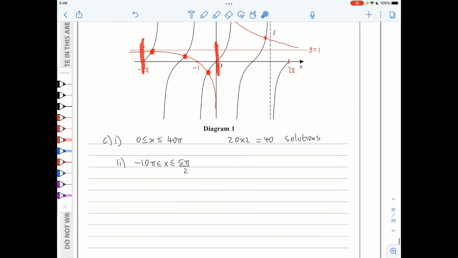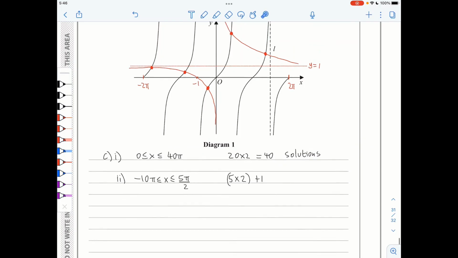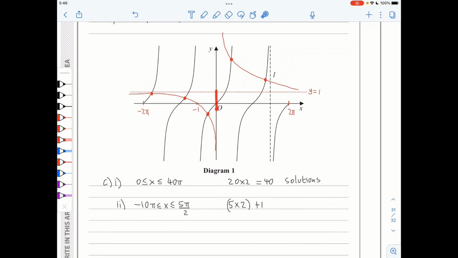So from negative 10 pi to 0, we've got 5 intervals, each with 2 solutions, plus that extra solution we've got over here. And then from 0 to 5 pi over 2, where from 0 to 2 pi, it's these 2 solutions here. So plus another 2.